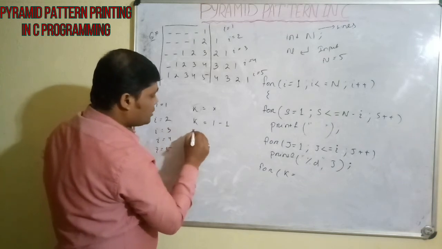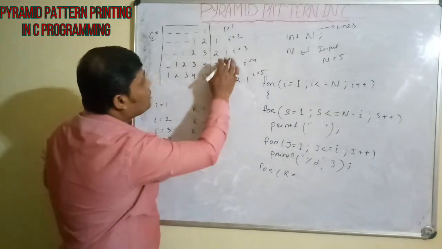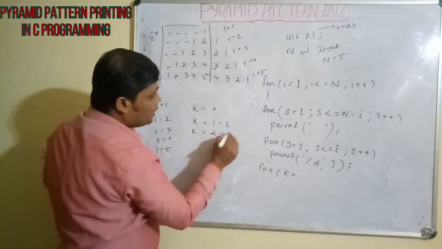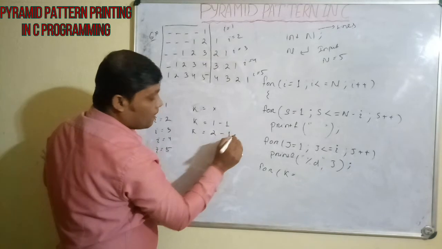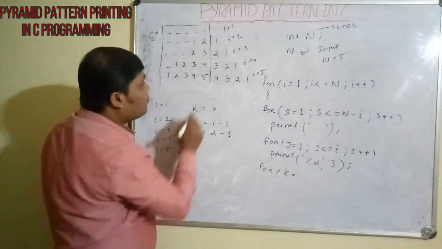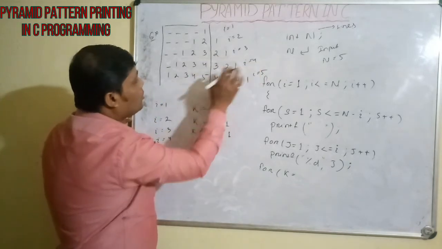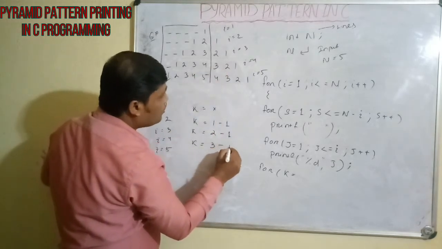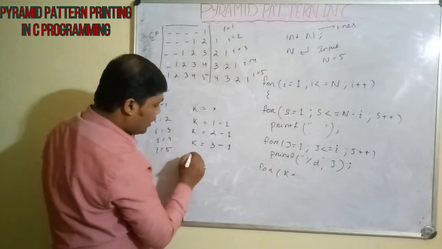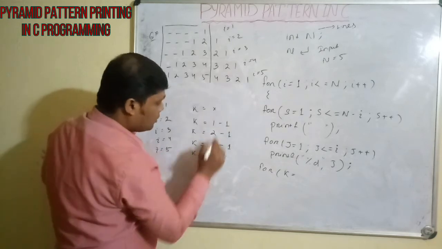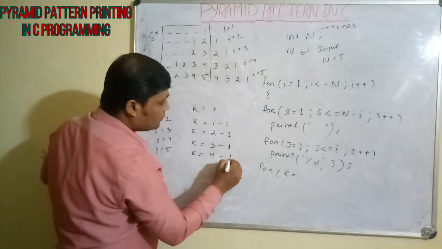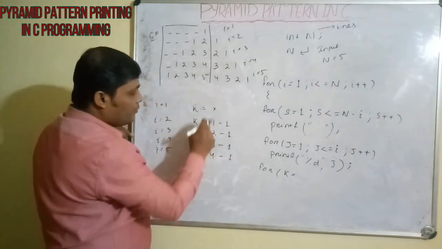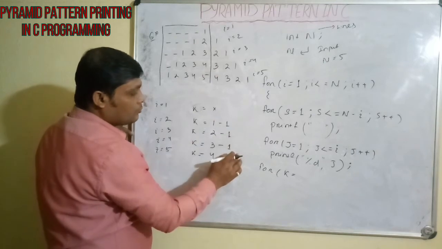When I value is 3, K starts from 2 and ends with 1. When I value is 4, K starts from 3, ends with 1. When I value is 5, K starts from 4, ends with 1. You can see K starts from a variable and ends with a constant.